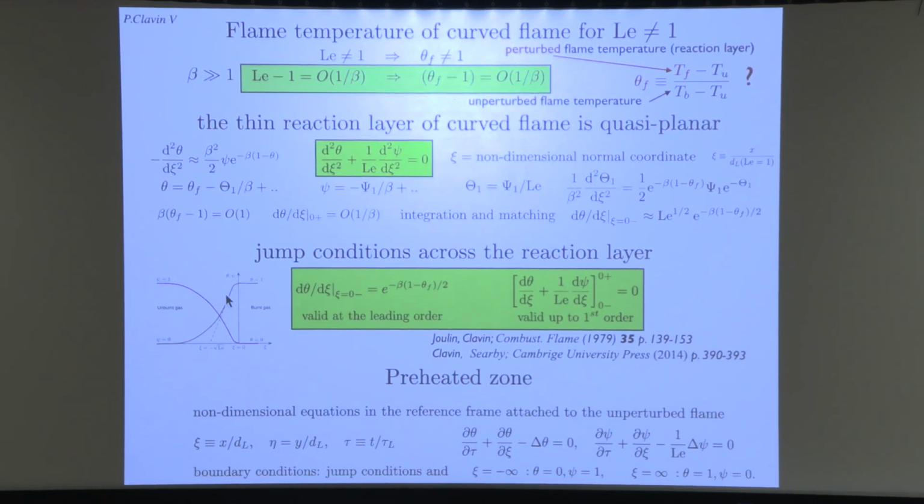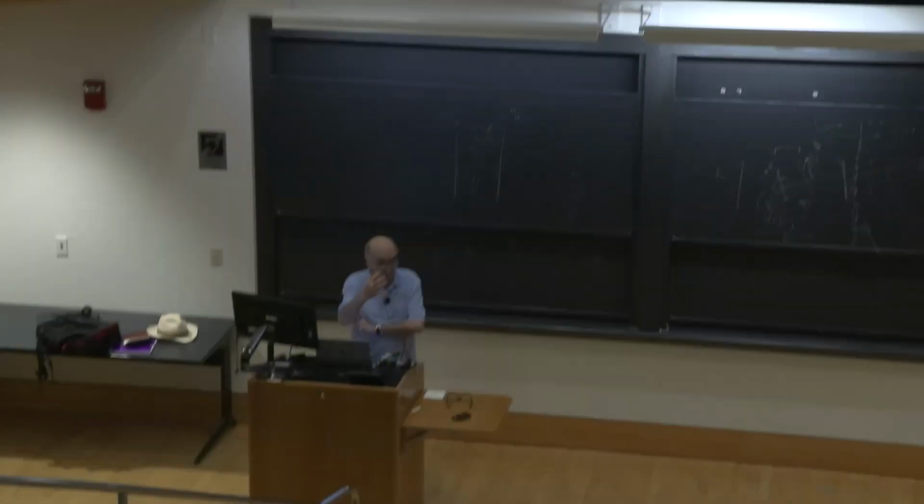In order to obtain a flame temperature variation of order 1 over beta, this should be true at the first order in the expansion in 1 over beta. This is something difficult to understand, and I don't want to emphasize it too much here.